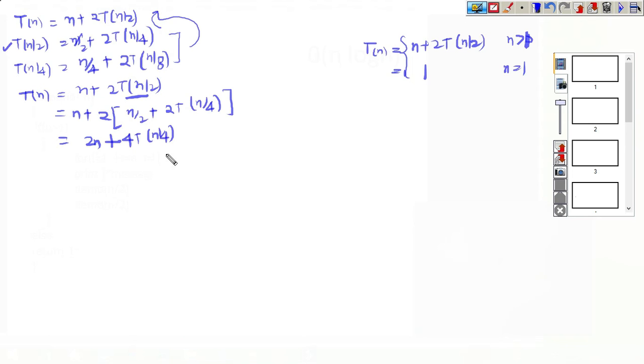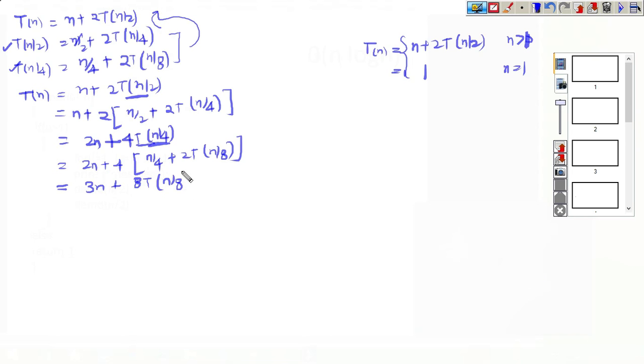Okay, so when you expand it further, this term T(n/4) from here, you'll get 2n + 4(n/4 + 2T(n/8)). This will give you 3n + 8T(n/8).